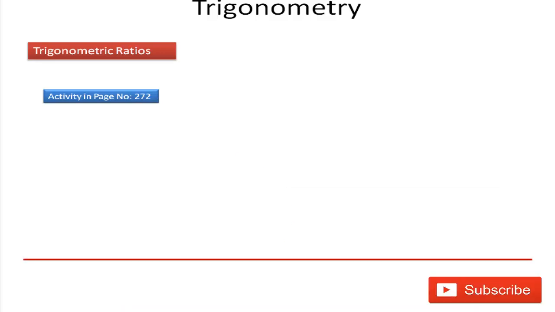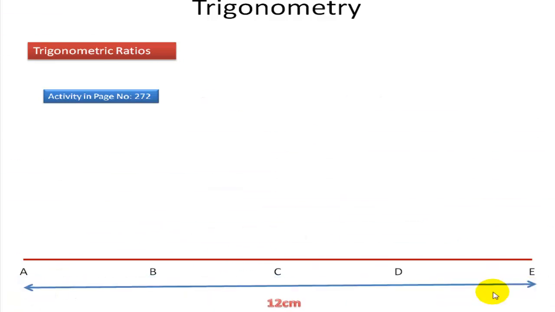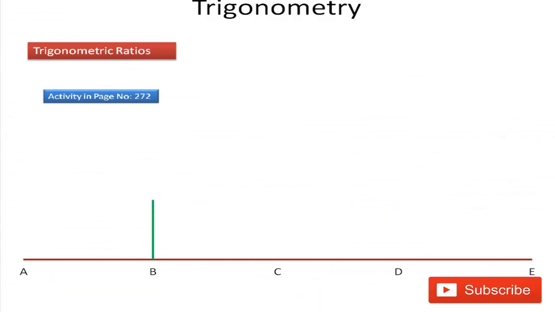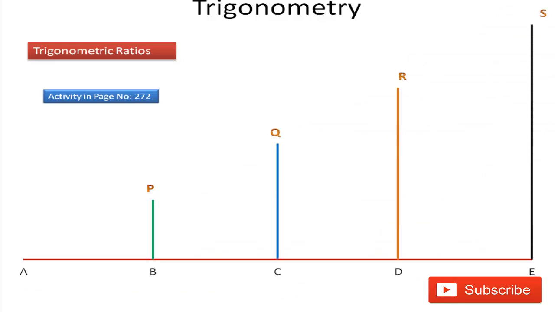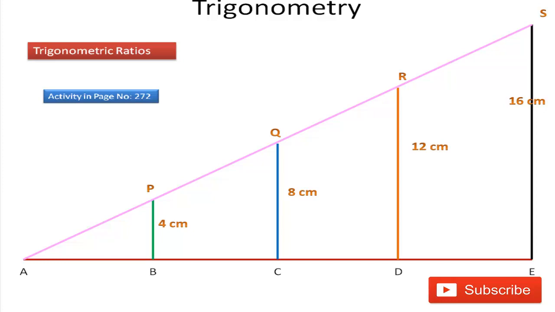Let the initial point be A and mark other points B, C, D and E at a distance of 3 centimeters, 6 centimeters, 9 centimeters and 12 centimeters respectively from A. Draw the perpendiculars BP, CQ, DR and ES of lengths 4 centimeters, 8 centimeters, 12 centimeters and 16 centimeters from the points B, C, D and E respectively. Then join AP, AQ, AR and AS.